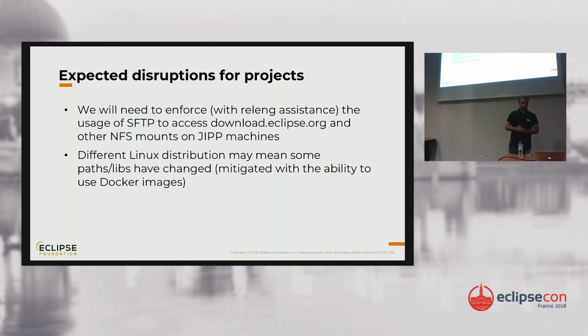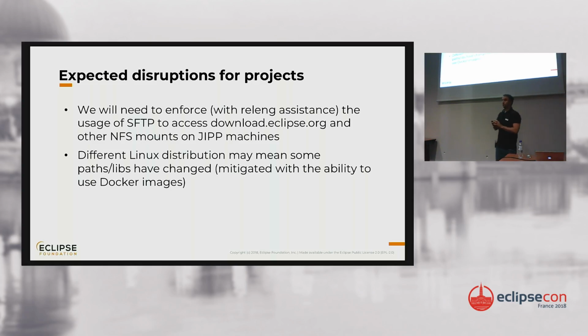So we will promote the usage of SFTP to build.eclipse.org to upload your stuff to download. Again, we will provide assistance for projects who are still doing that with the cp command, and it won't be a big change, I guess. It's really the last step of the build, and we'll be able to find a way to batch update your builds for that.